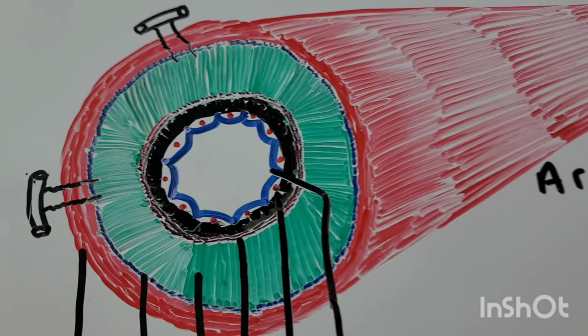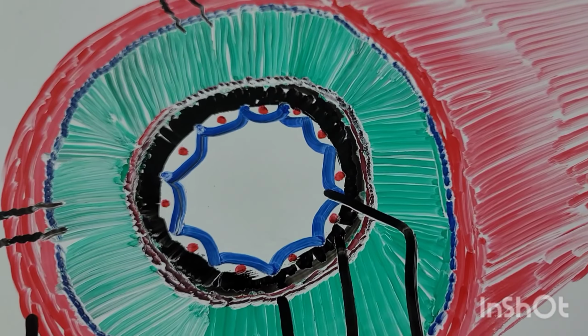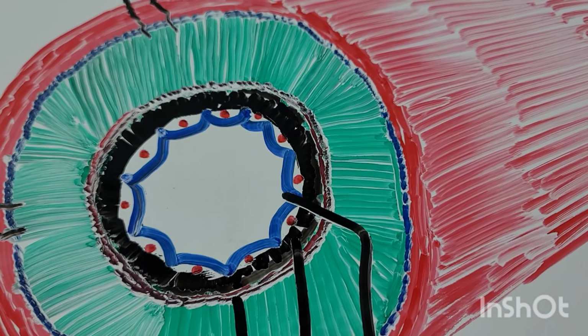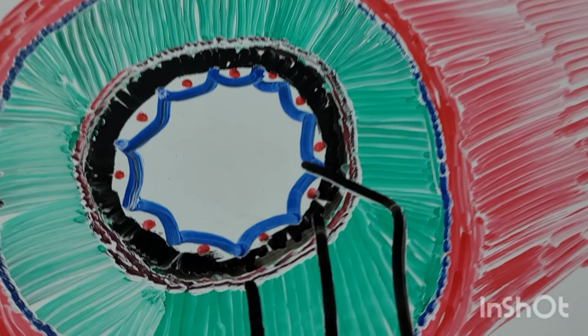Now, as you come slightly further out, you're going to see another layer of cells which are a bit black.